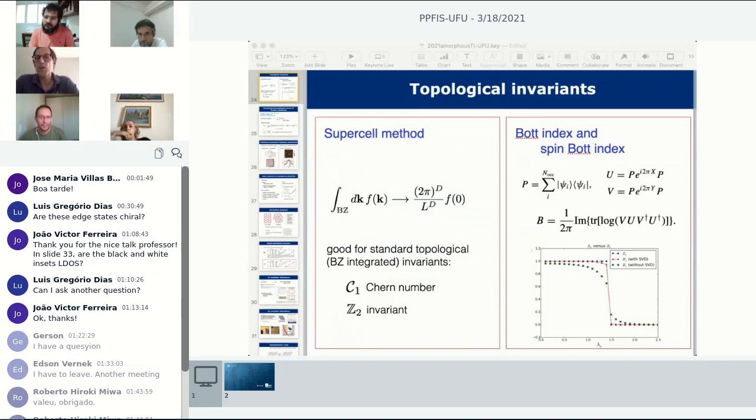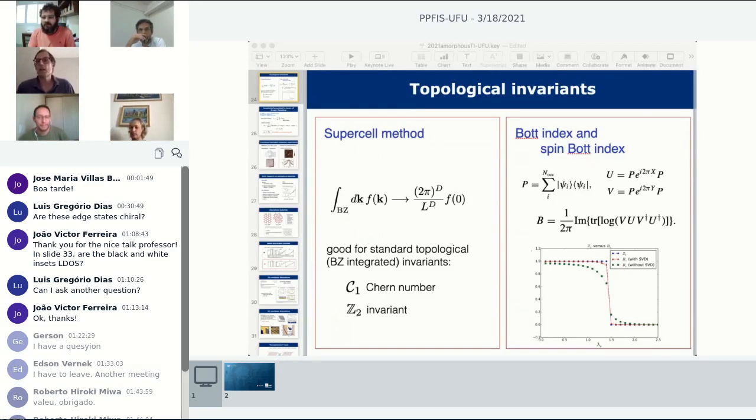Yeah. So basically, I haven't done that myself, but they use exactly this Z2 code that was written by Vanderbilt that does that for the superlattice, right? So that's what is done in practice.